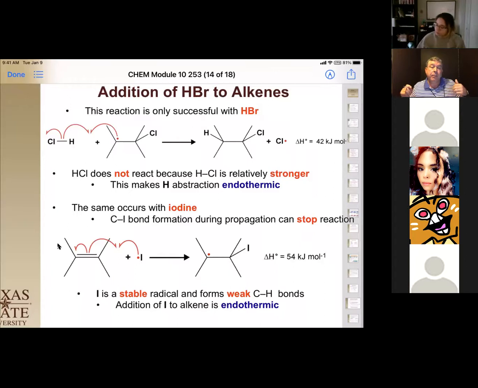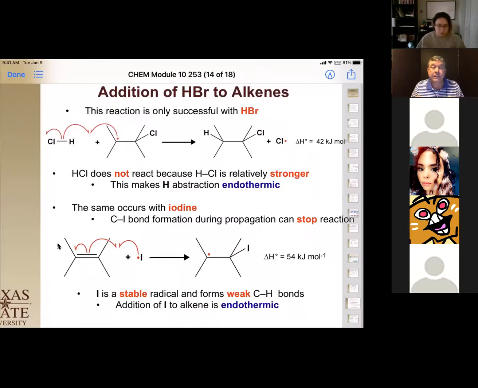Okay, now, unlike HBr, chlorine actually won't do this reaction because the radical formed is actually higher in energy than the starting material, and therefore it makes that taking of the hydrogen away from the HCl endothermic.